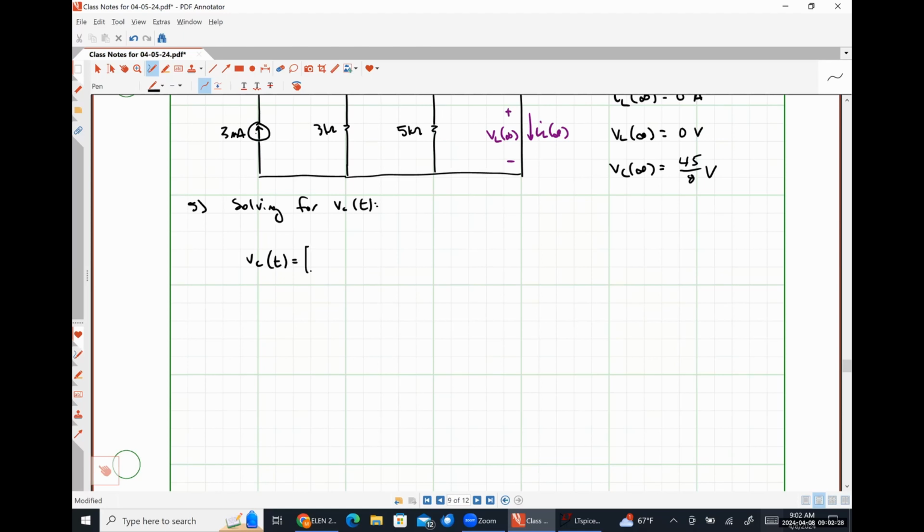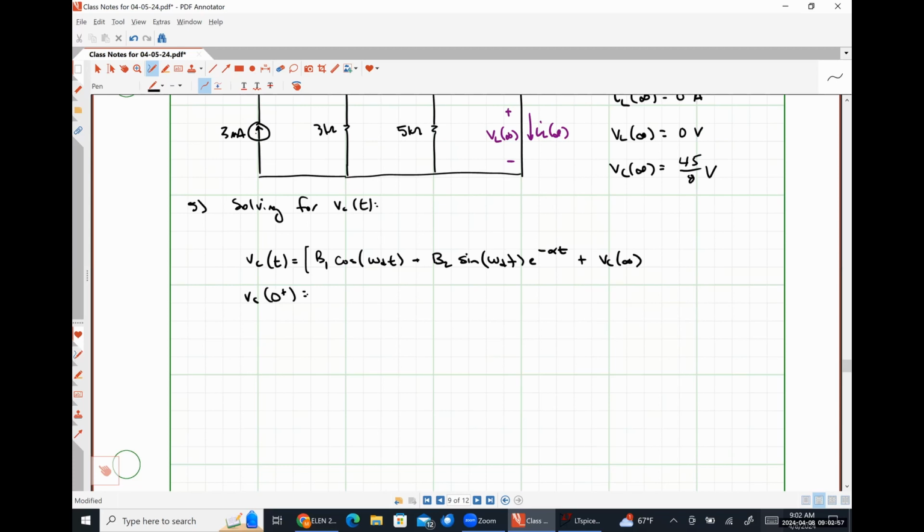So we know that generically, this will be of the form B1 cosine omega dt plus B2 sine omega dt, times e to the negative alpha t, plus VC at infinity, at t is equal to 0 plus.